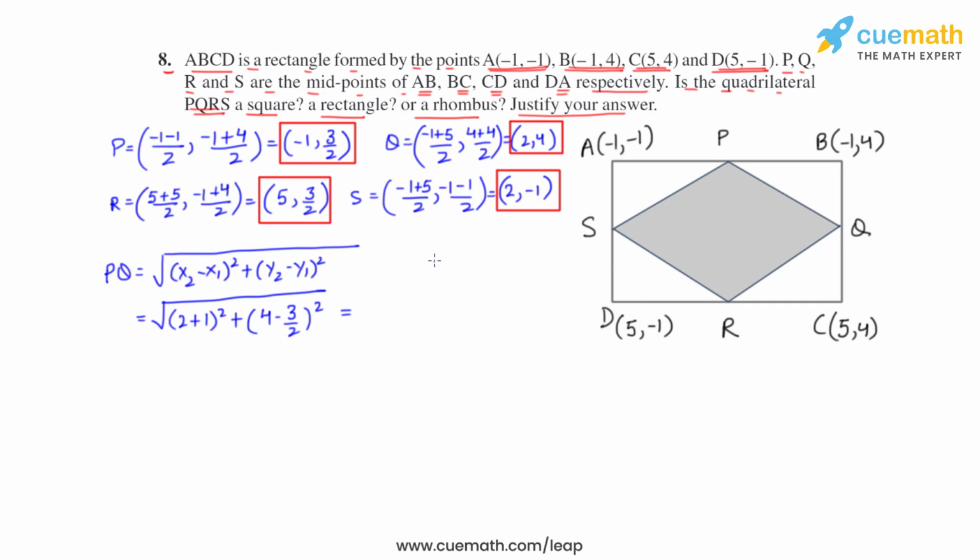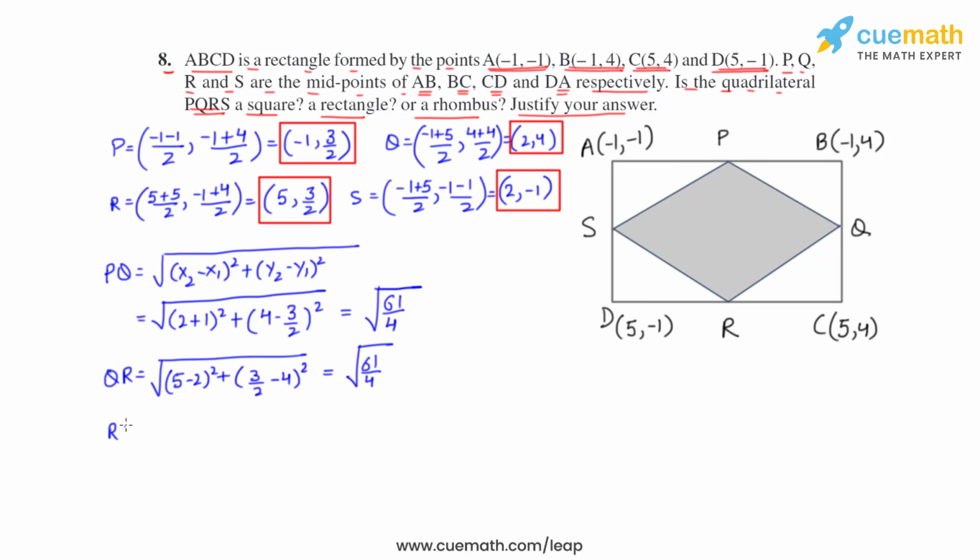This comes out to be square root of 61 by 4. Let's find QR now. Q(2, 4) and R(5, 3/2), that is (5 minus 2) square plus (3/2 minus 4) square. Again we will get square root of 61 by 4.